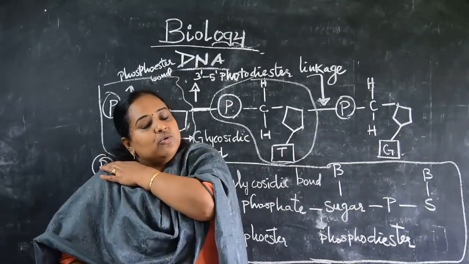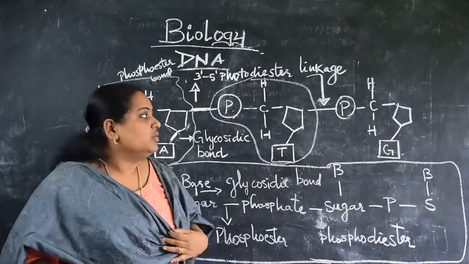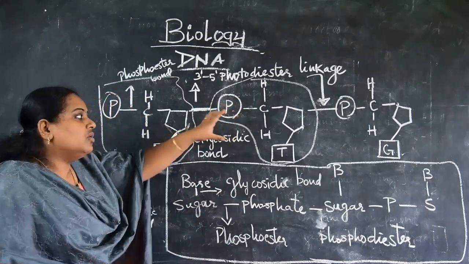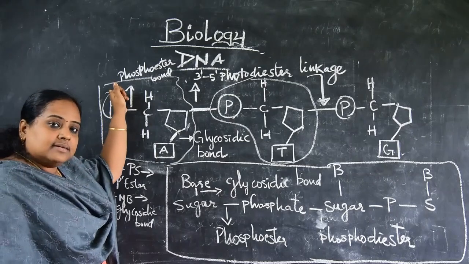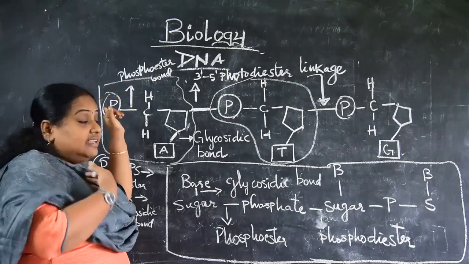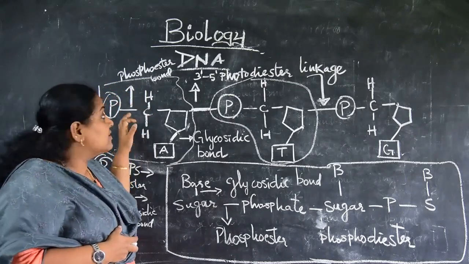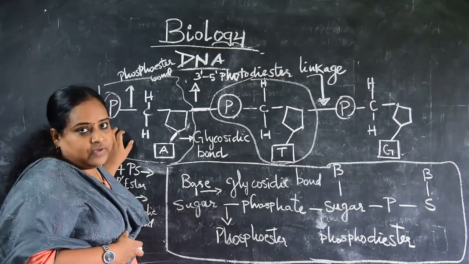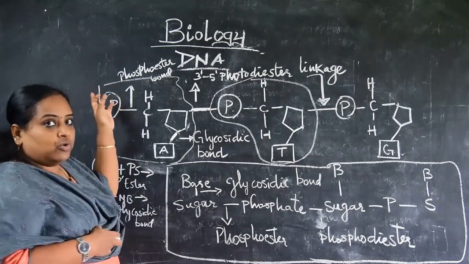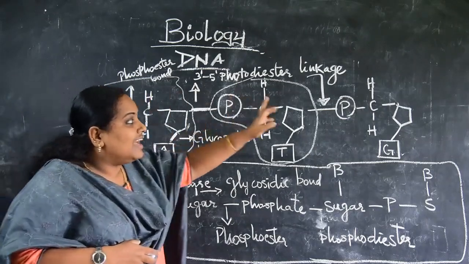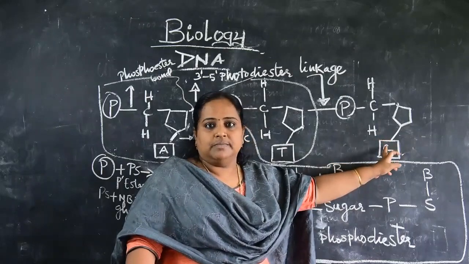So now we will go more into the structure of DNA. You all know this is a polynucleotide chain. At one end, this DNA fragment consists of a free phosphate group, as you all can see, and at the other end there is a pentose sugar.